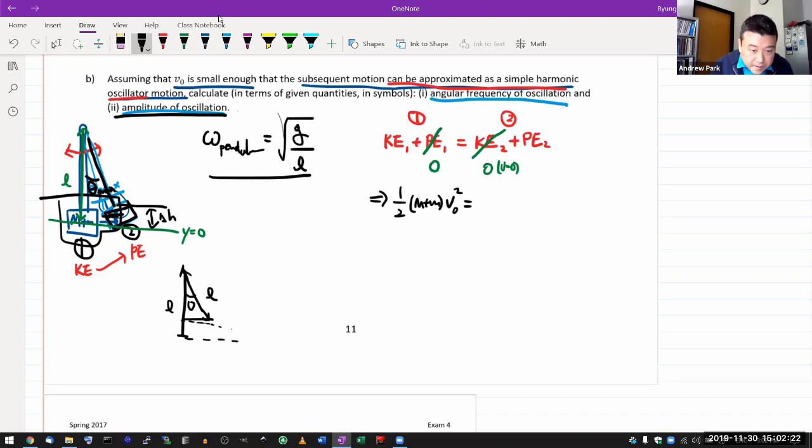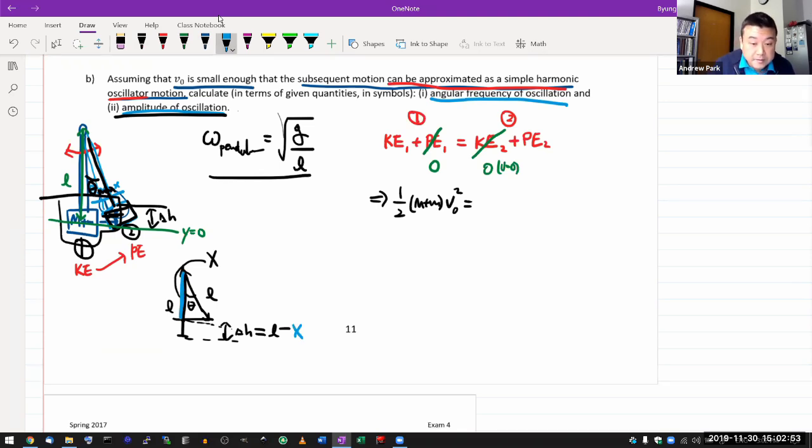This is my theta max, and this difference in height, let me just use capital X. This difference in height is going to be L minus what I'm labeling as capital X, this side of the triangle.